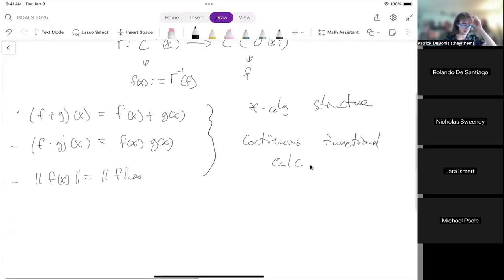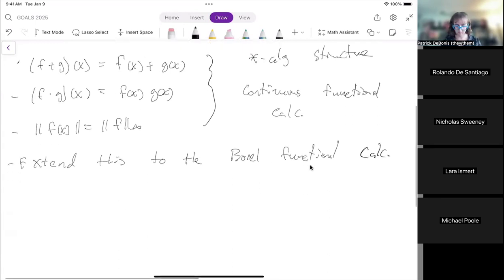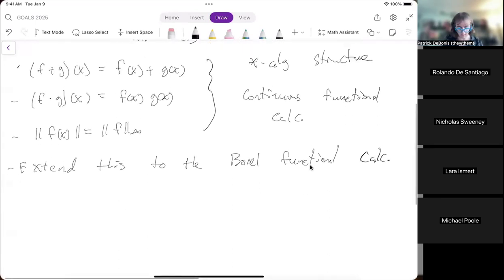And so the goal is to extend this to the Borel functional calculus. The idea here is that you have the continuous functions on a compact space, here the spectrum of our element.